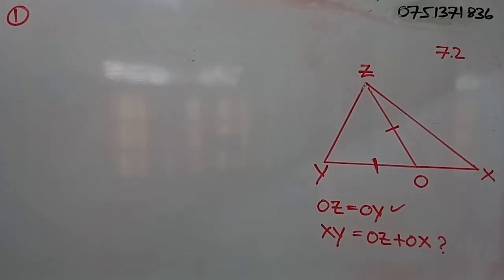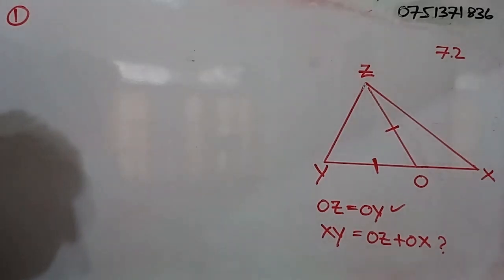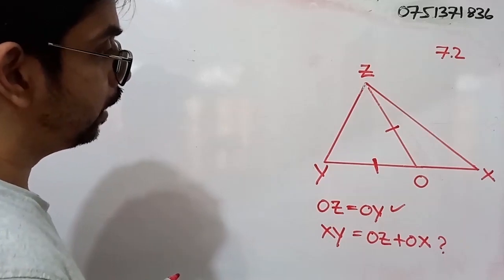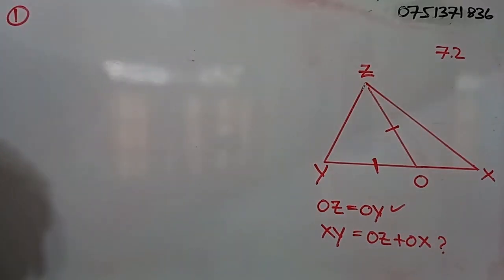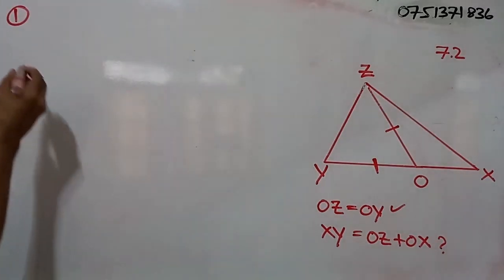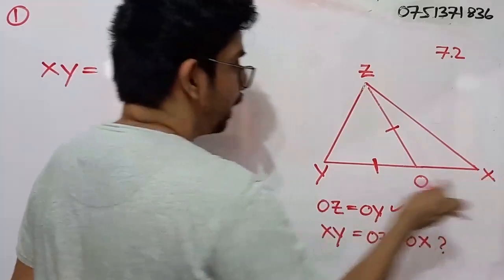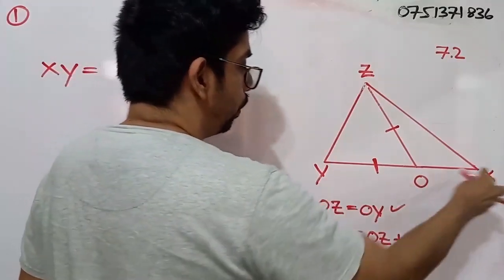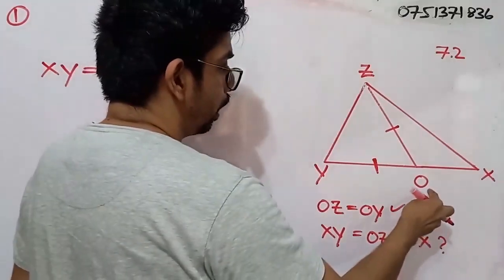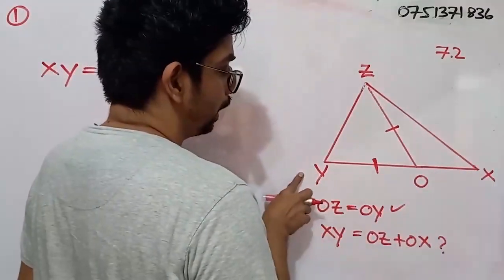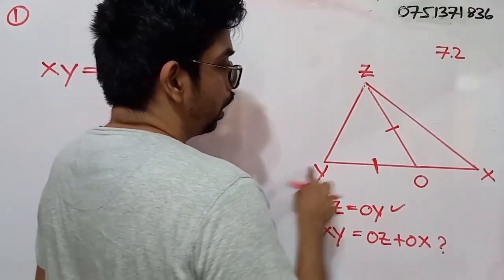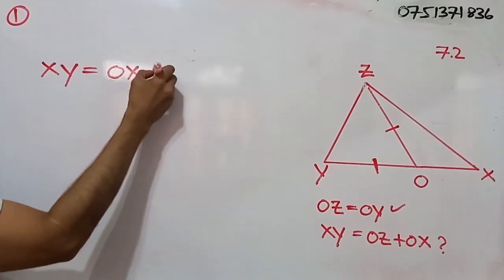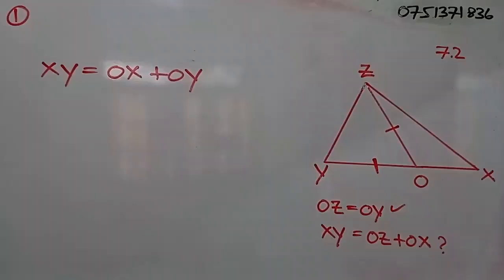Okay. So actually there are two methods that we can approach this question, right? So one method is something like this, right? XY is what? OY plus OX, no? Or we can say XY that is equal to OX plus OY, right?